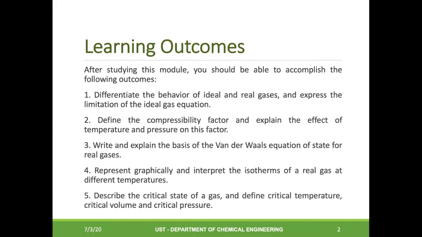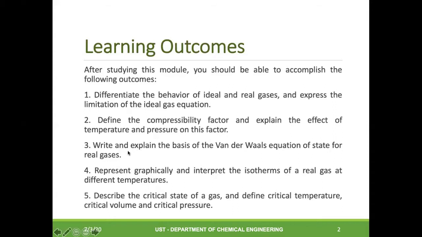After studying this module, you should be able to accomplish the following outcomes. One is to differentiate the behavior of ideal and real gases and express the limitation of the ideal gas equation. Secondly, define the compressibility factor and explain the effect of temperature and pressure on this factor.